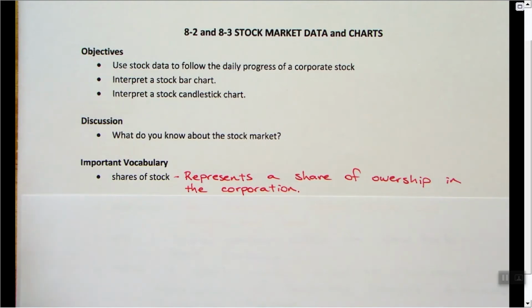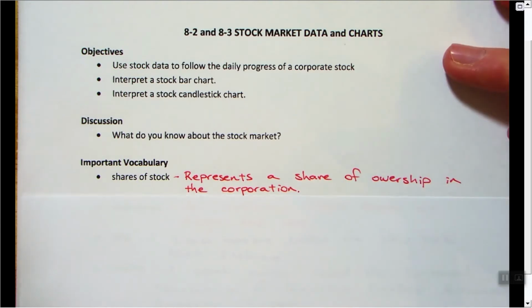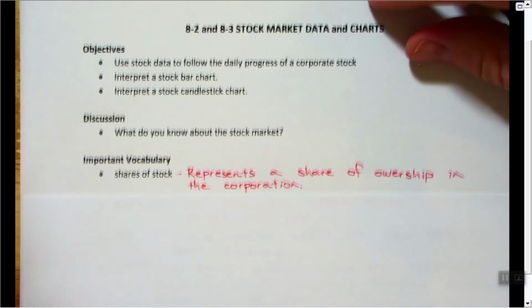You can own a very, very small piece of a corporation, not enough to have any say in what happens in the corporation, but you can own a little piece of it. And as that corporation becomes more valuable or less valuable, the value of your stock can rise and fall with the value of that corporation. So that's what a share of stock is.